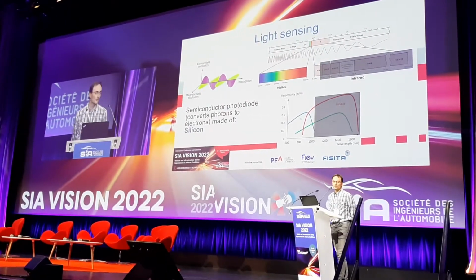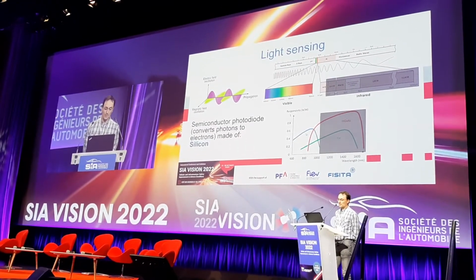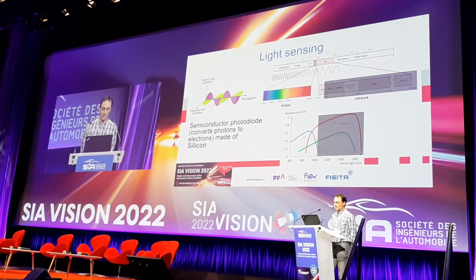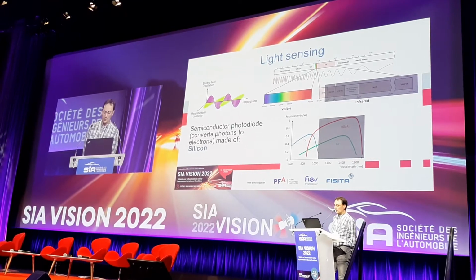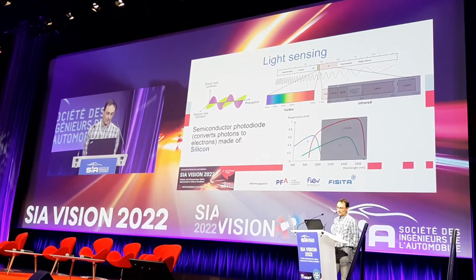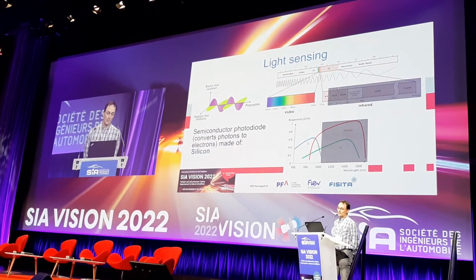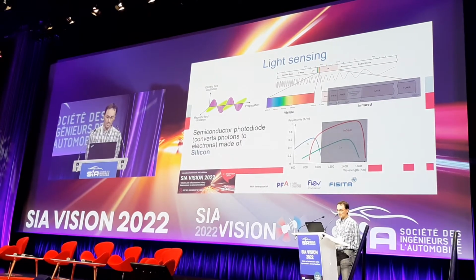This is what we use to make the CMOS sensors for the RGB, and it's widely available, so we can make cheap cameras. Here we have the sensitivity response of the silicon, which is good for the visible spectrum, as well as the first part of near-infrared. So it will be good for making near-infrared cameras also.